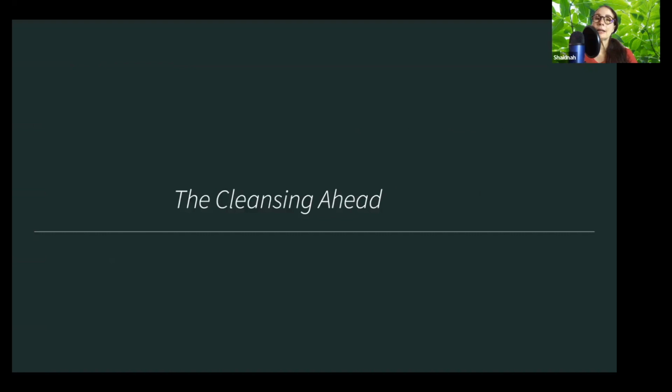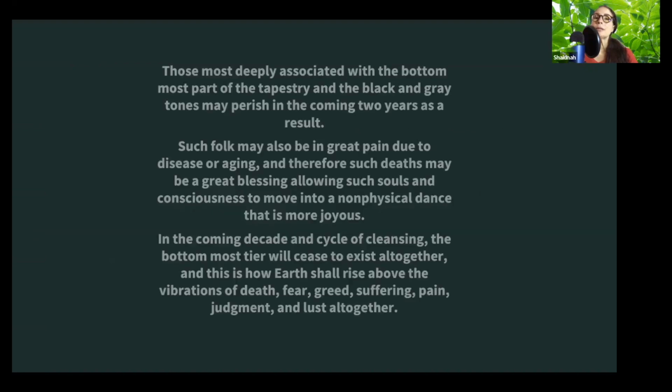The cleansing ahead. Those most deeply associated with the bottommost part of the tapestry and the black and gray tones may perish in the coming 2 years as a result. Such folk may also be in great pain due to disease or aging, and therefore such deaths may be a great blessing, allowing such souls and consciousness to move into a non-physical dance that is more joyous.